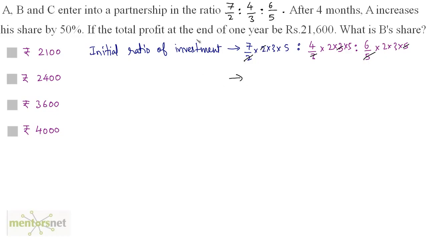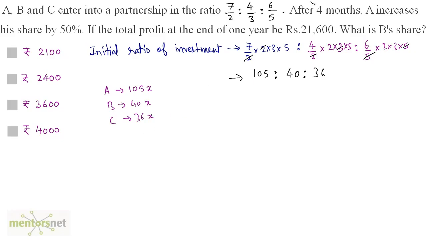So we have the initial investment ratio as 21 times 5, that is 105, is to 8 times 5, which is 40, is to 12 times 3, which is 36. So I can say that A invested 105x, B invested 40x, and C invested 36x.